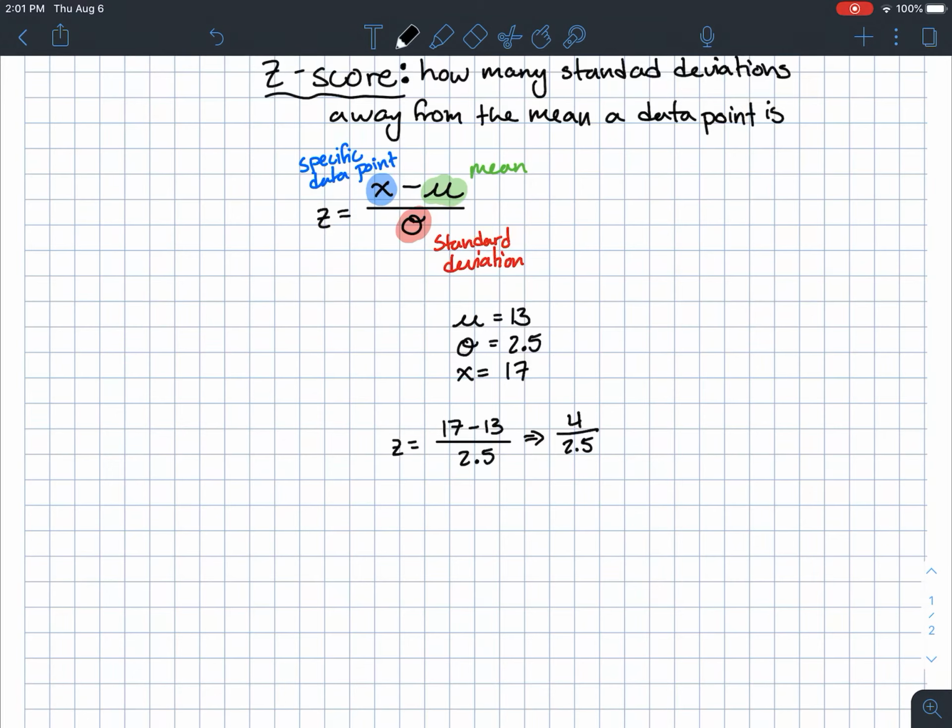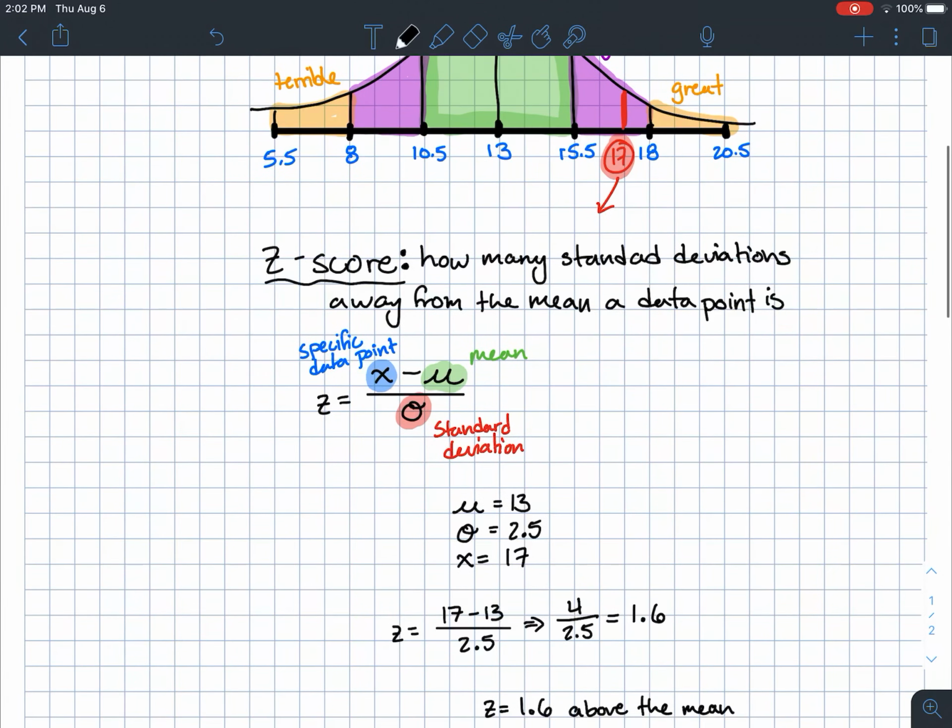If we do that on our calculator, we're going to find out that that is 1.8. No, sorry, 1.6. So what we can say here is that Jeff's Z-score for that night is 1.6 standard deviations above the mean.